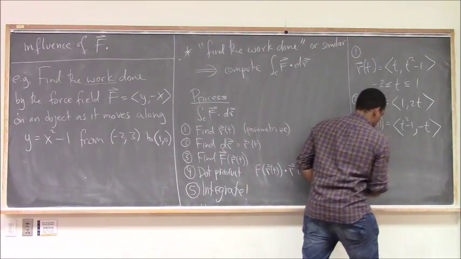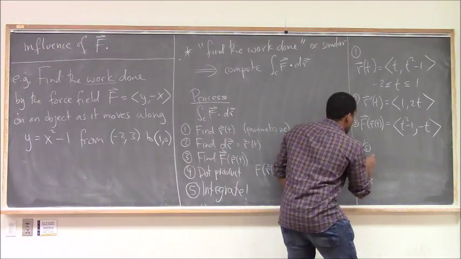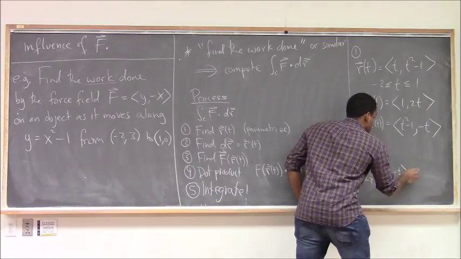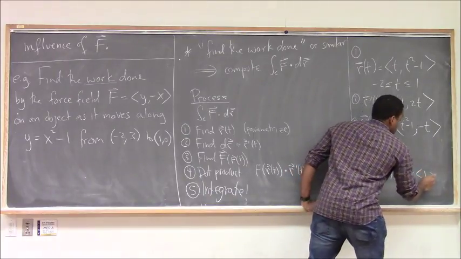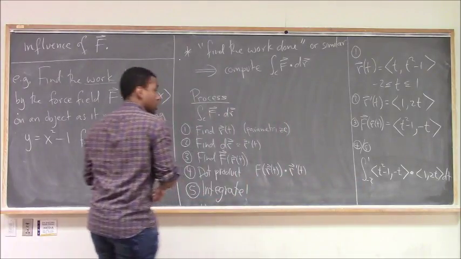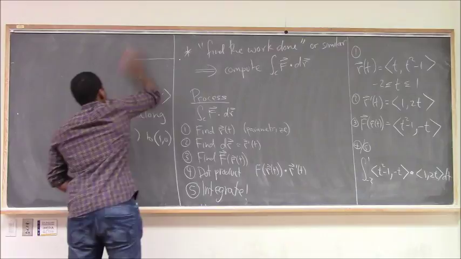Maybe I should write that down for emphasis so everyone knows where that comes from. So I'm going to integrate from minus 2 to 1 of the vector t squared minus 1, minus t, dot product with 1, 2t. But ordinarily you don't have to write that line down. I'm just doing it so that everyone sees what I'm doing.